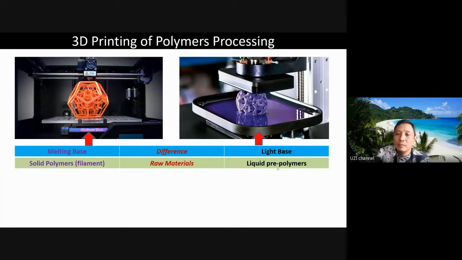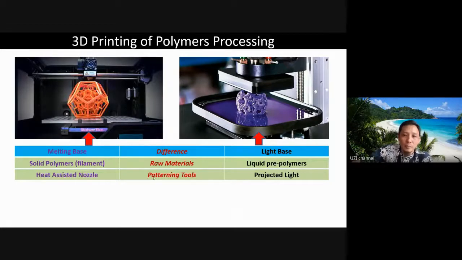We call it liquid pre-polymer, which means the liquid is not polymerized yet. So the polymerization is initiated by light, projected in a specific form, layer by layer.